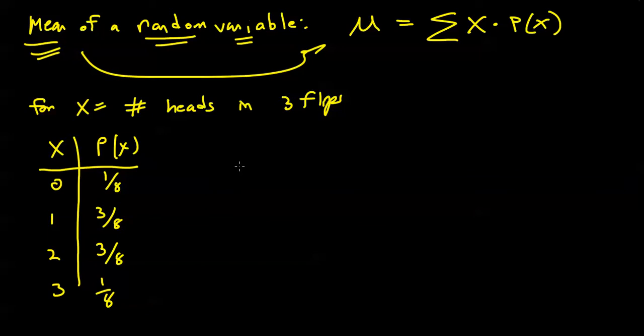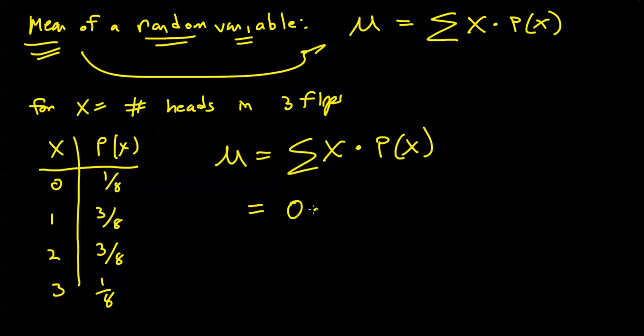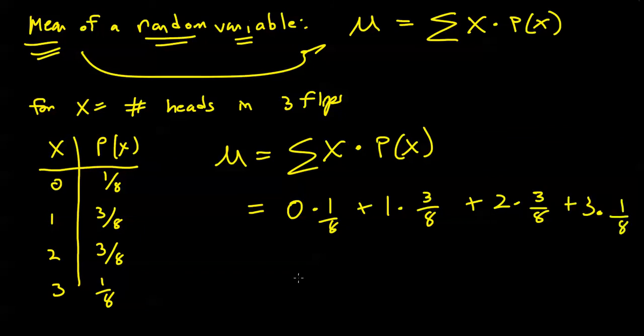So if I want to find the mean, I take each x and multiply it by its associated probability and then add up those products. Well, I'll get 0 times 1/8 plus 1 times 3/8 plus 2 times 3/8 plus 3 times 1/8.